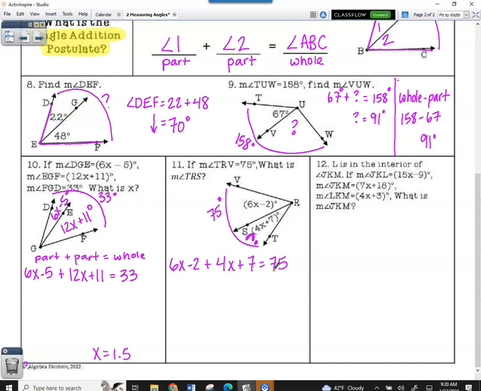You should get x is 7 here. If anybody needs me to work it, I will, or if you want me to come over to your desk and help. If you can't get to 7, no big deal.